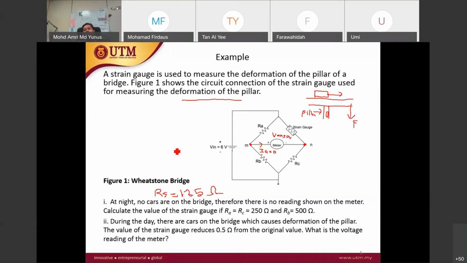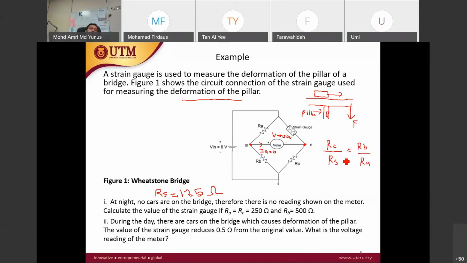During balance, we know that RC divided by RS, the strain gauge, will be equivalent to RB divided by RA.